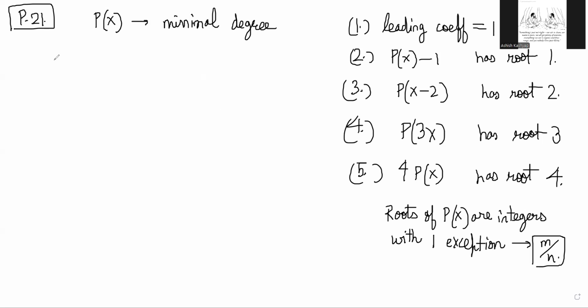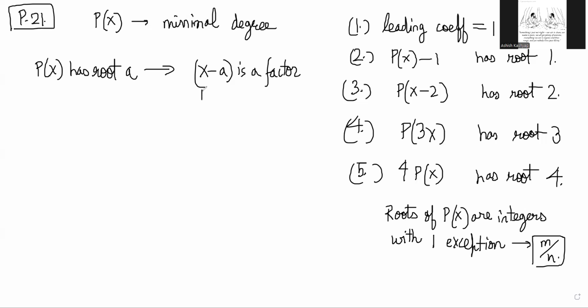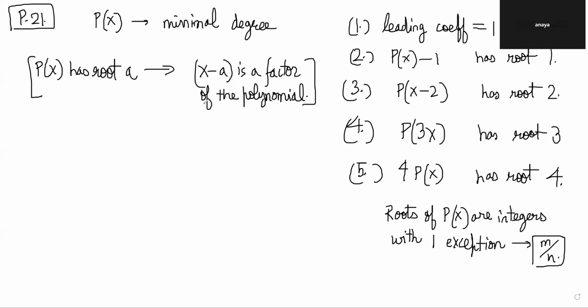So usually if somebody says p of x has root a, you can say x minus a is a factor of the polynomial. This is known as the factor theorem. For example, in any quadratic, if you say roots are 3 and 4, the quadratic will be x minus 3 into x minus 4. Right.